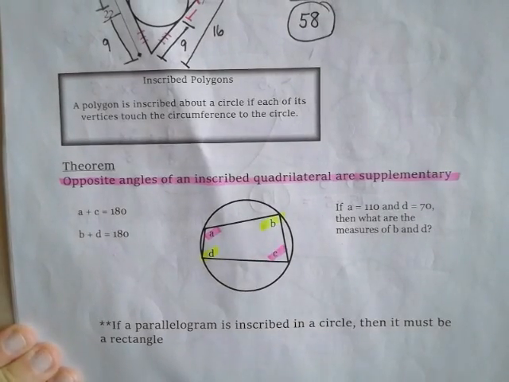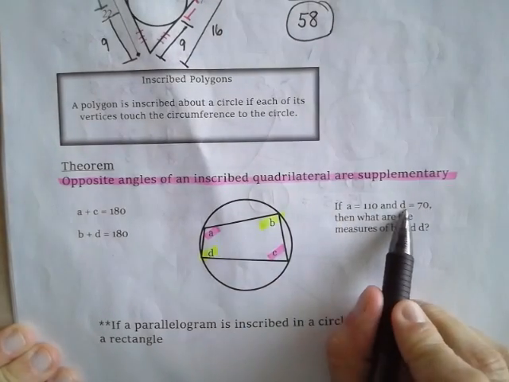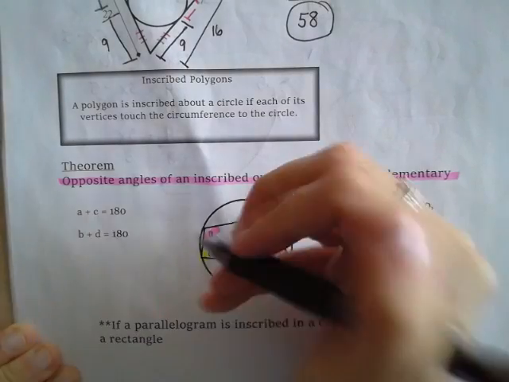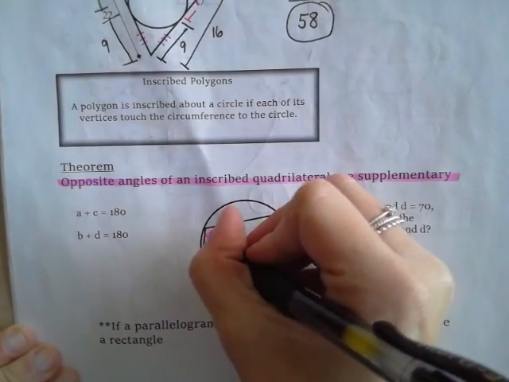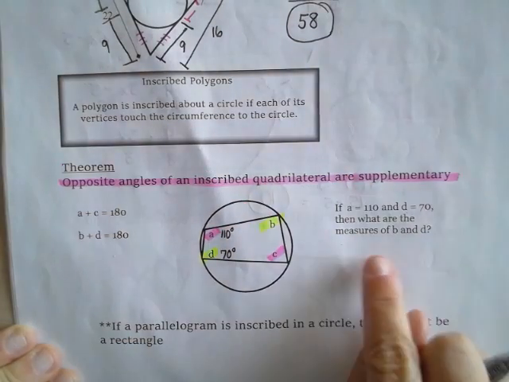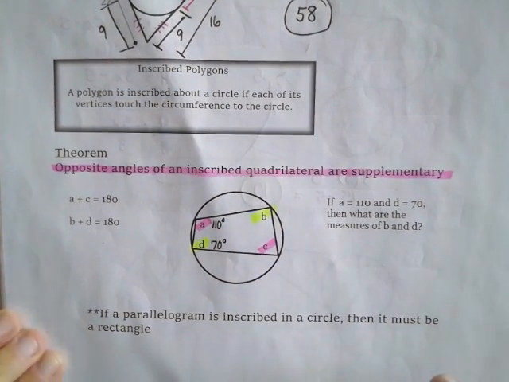When we look here, it says if A equals 110 and D equals 70, what are the measures of B and C? (This should say B and C, not B and D.)